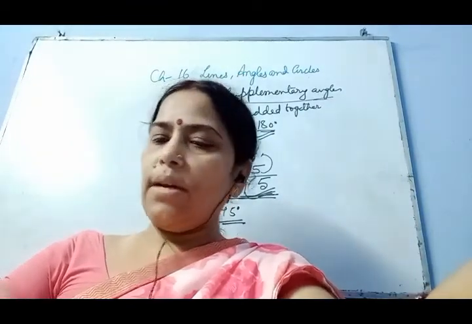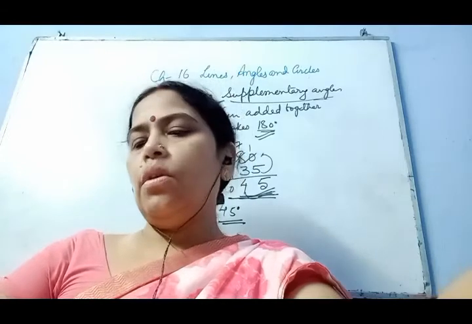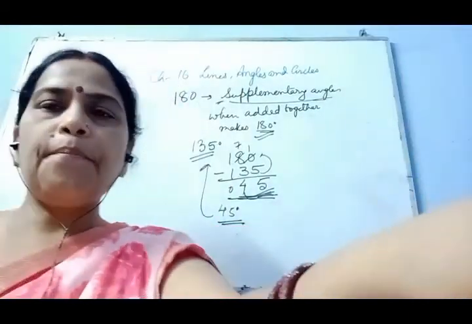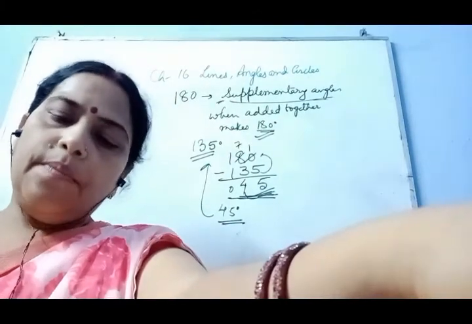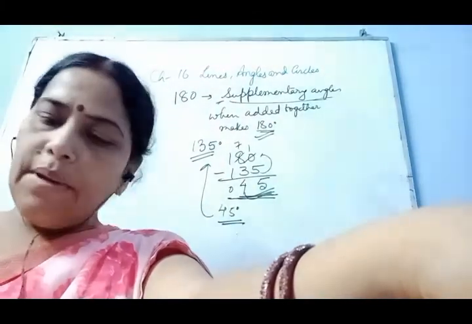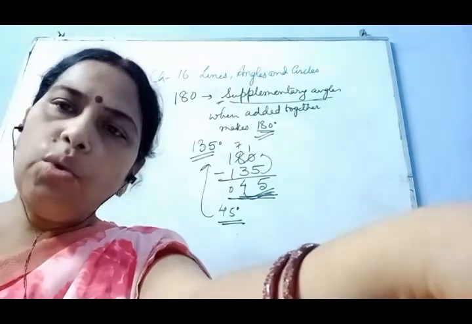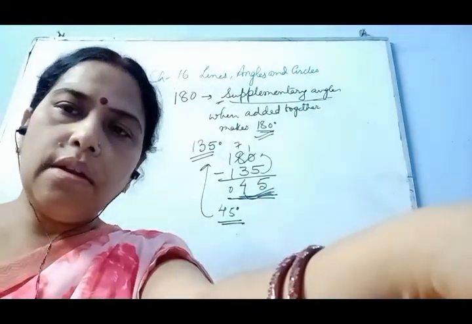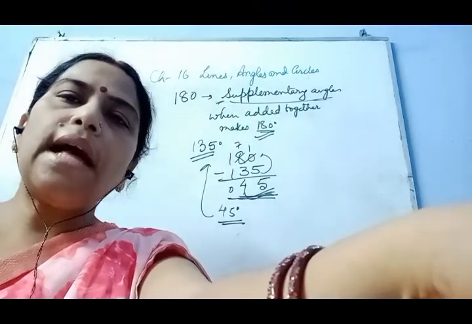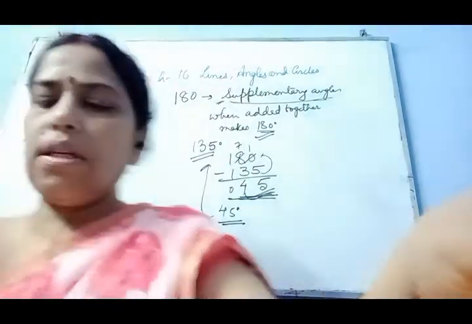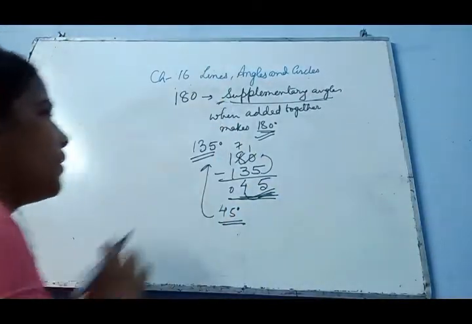So for question number 8, first let us do the complementary angles. You will have to see that the two angles which have been given should add up and make 90 degrees.